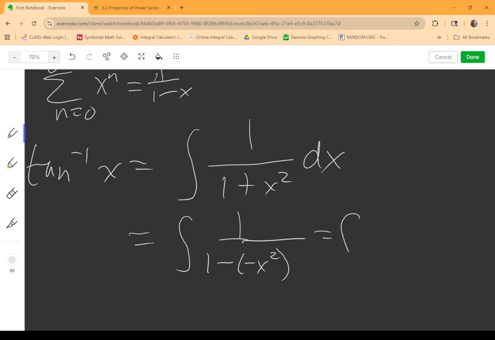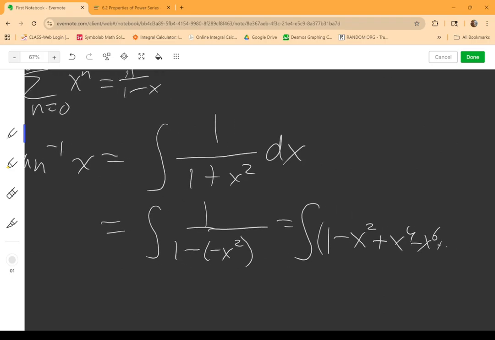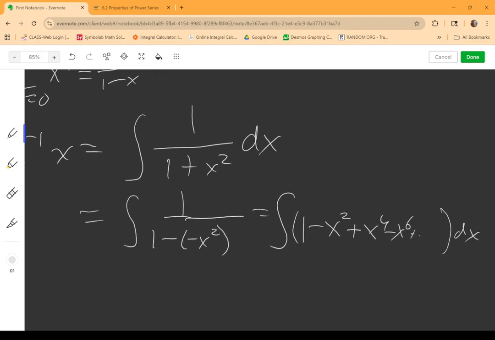Which is the alternating series 1 minus x squared plus x to the 4th minus x to the 6th, etc. Right? So dx. It'll be all the even values, alternating.